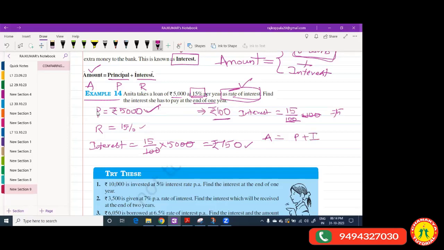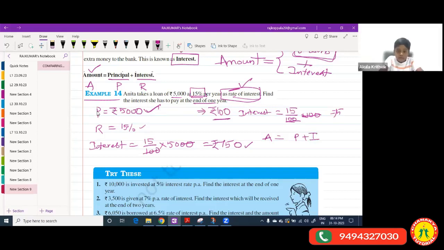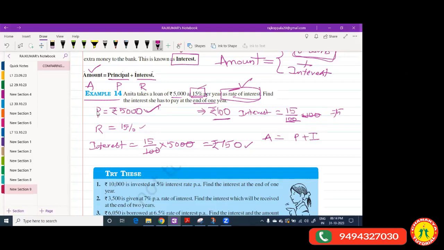So principal is 5,000 plus interest is 750, total 5,750 he has to pay along with the interest. Right?